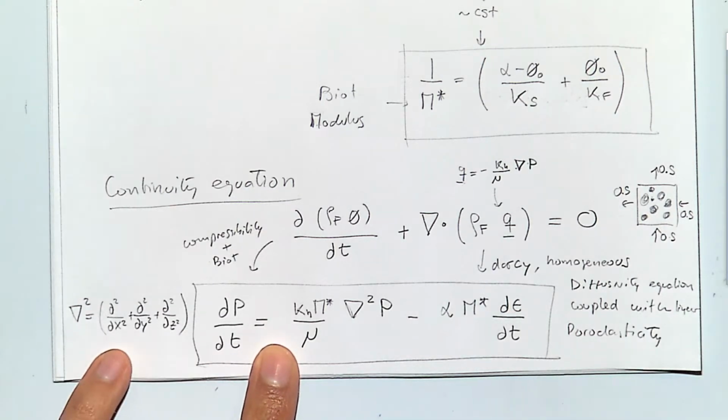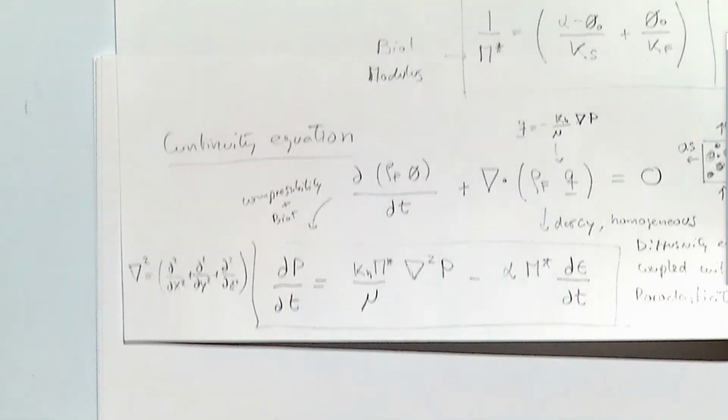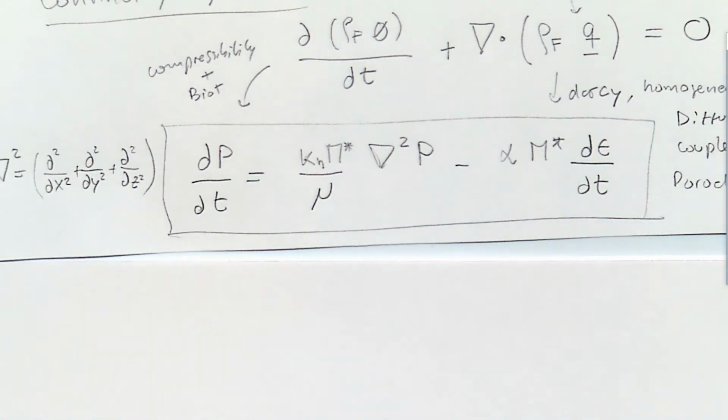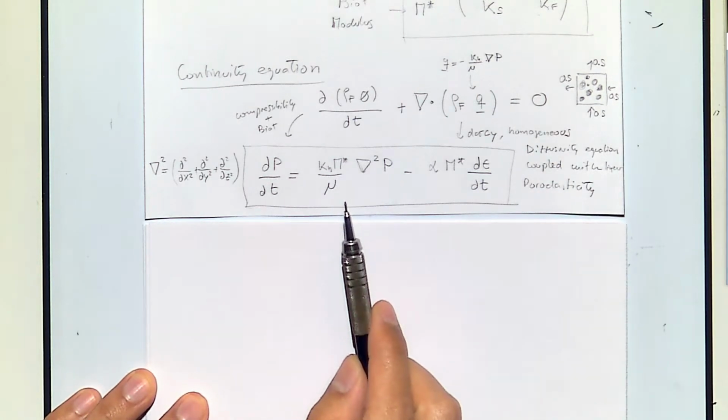So let's make this equation a little bit simpler for now in order to understand, in terms of time, what is the effect of those parameters, especially the ones that involve the fluid.